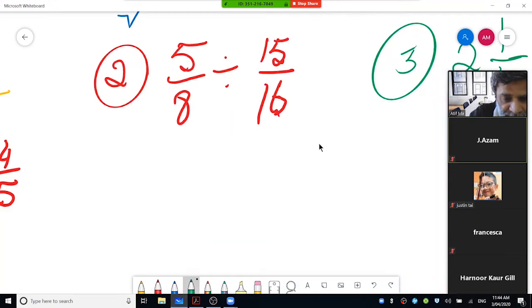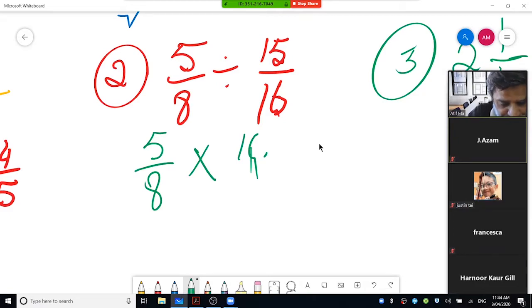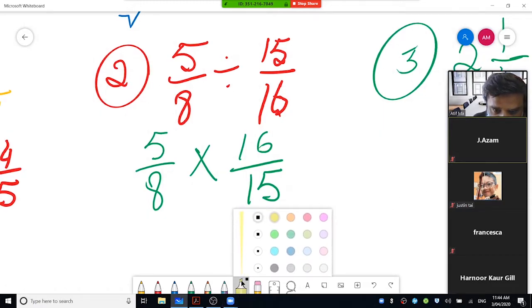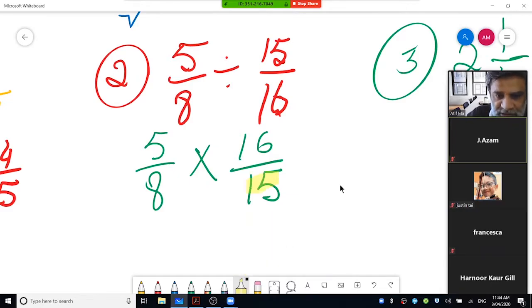So what we are doing is, I take another color. It is 5 over 8. We change the division sign into a times sign and we invert. The reciprocal of 15 over 16 is 16 over 15. And now we see that, let me take the highlighter, here and here there is a 5 and 15, which comes in the 5 table.